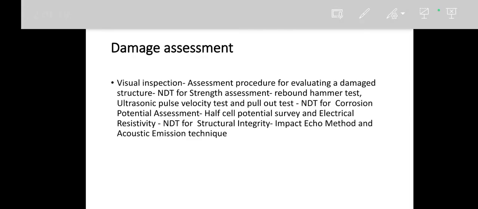So in the first unit, we saw the deterioration of concrete and what all its causes are, and then the types of damages which have occurred.